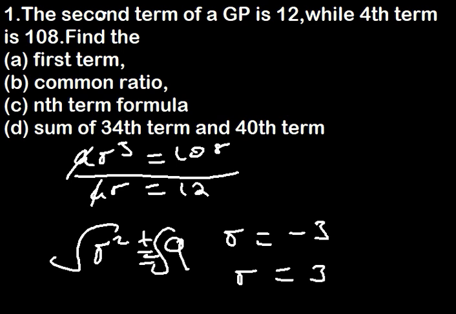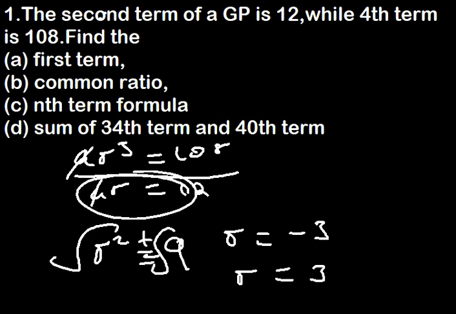And next you have to go for the first term. For this case you just have to choose a single value of r that will be used throughout the question. Let's use the positive value of r, which is 3. Now in order to get the first term, you may substitute the common ratio into either equation.